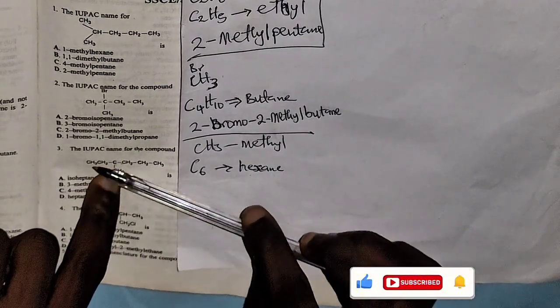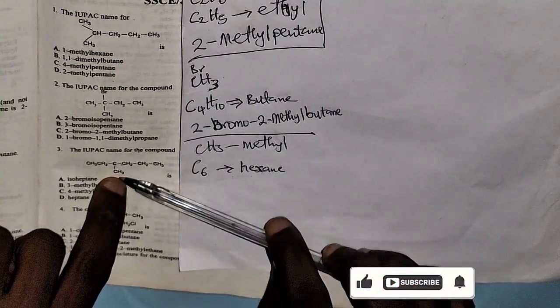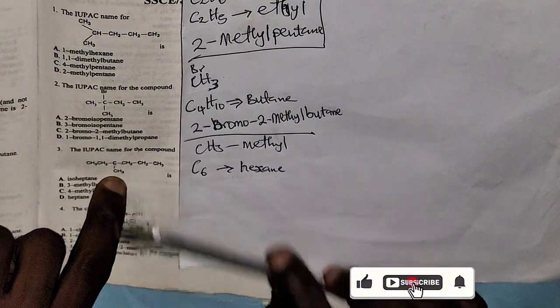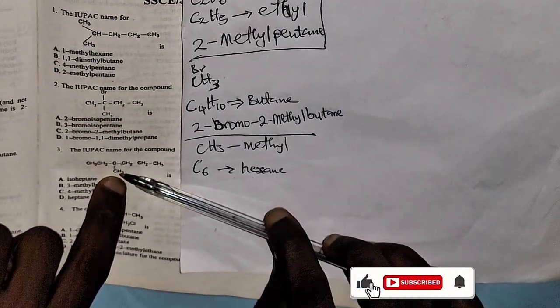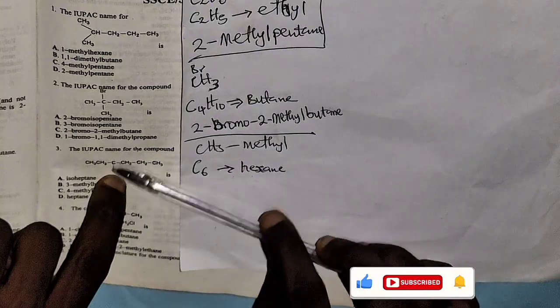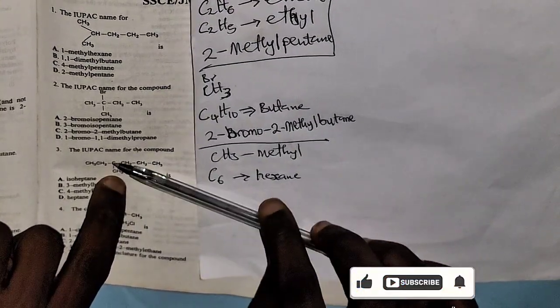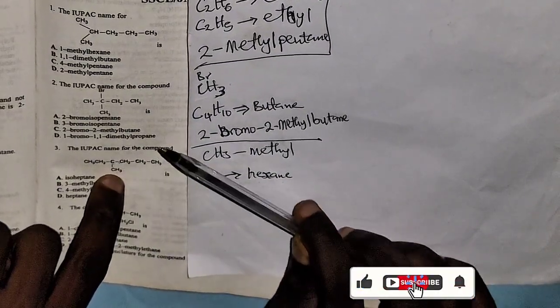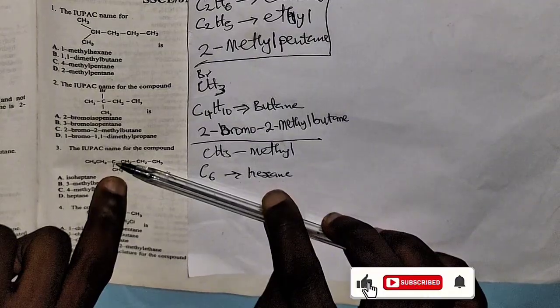Because if you are coming like this, on getting to the third carbon, it is easier to get to where the methyl is rather than coming like this. If you come like this, 1, 2, 3, you have gotten to where the methyl is. But if you come like this, 1, 2, 3, 4, you see that this one is a bit longer. So because of that, we prefer going like this. That is just the rule. So it's attached to carbon 3.